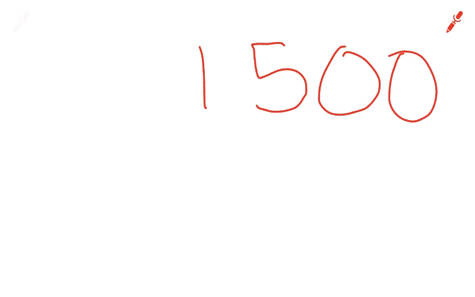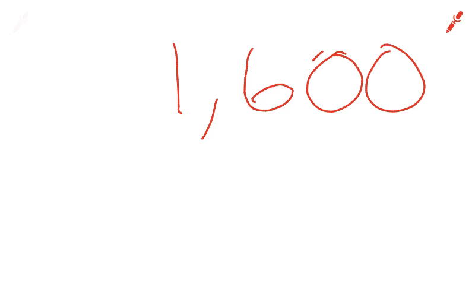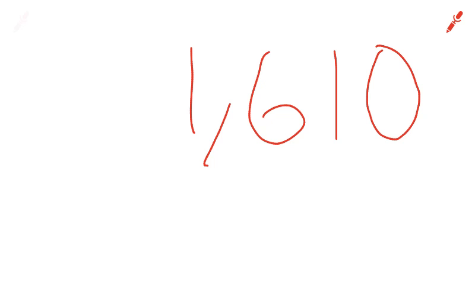But there's more to do still. And then C, 100 more, so that's 1,600. And then X, which would be 10 more. So our final answer is going to look like this. 1,610.